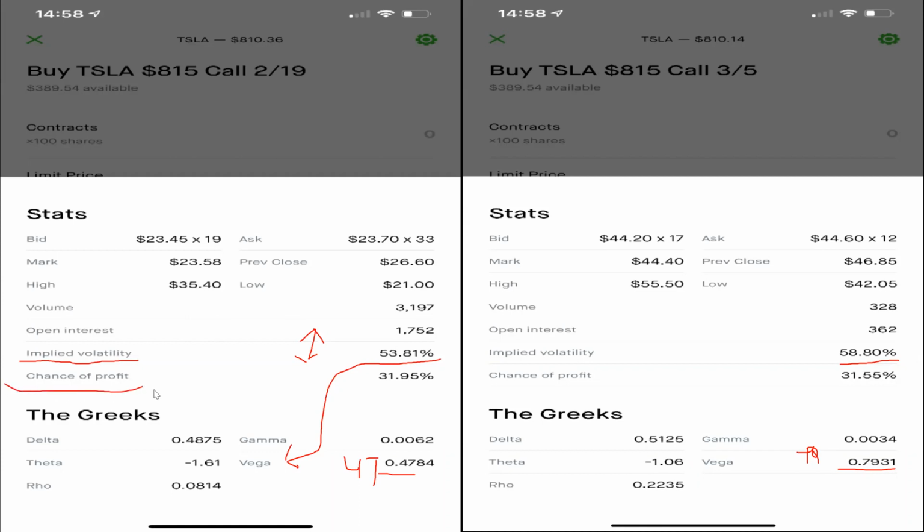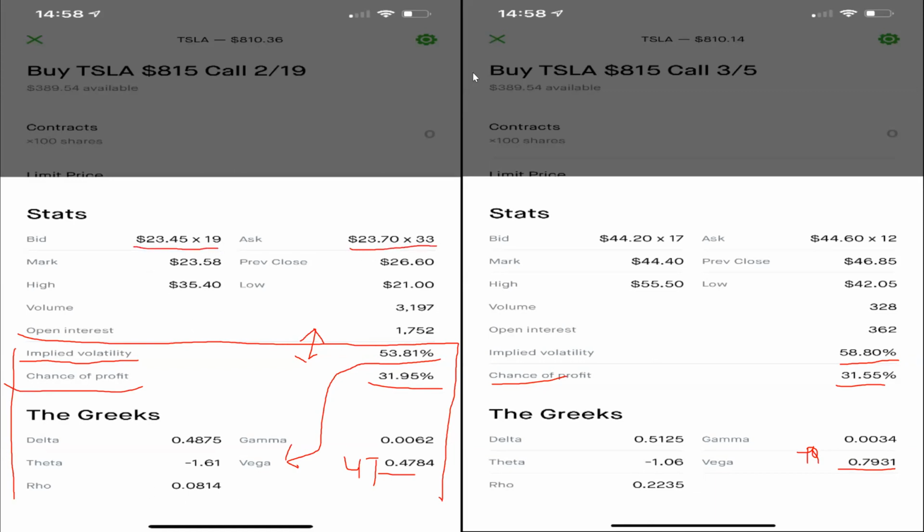Robinhood has their own chance of profit indicator here, but it's just their own algorithmic stuff. But the IV, the chance of profit, and now all the Greeks. So you guys should know how to read the entire bottom of an options contract now, completely to its entirety, and understand how the Greeks and IV impact this price right here.